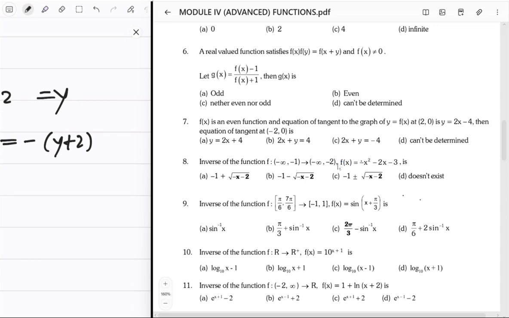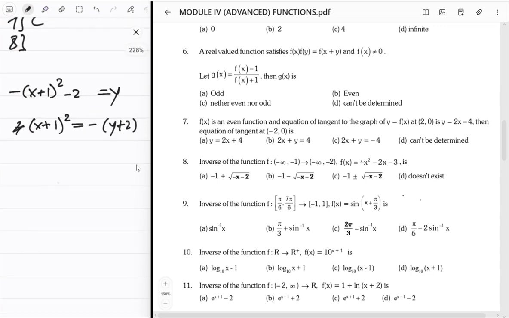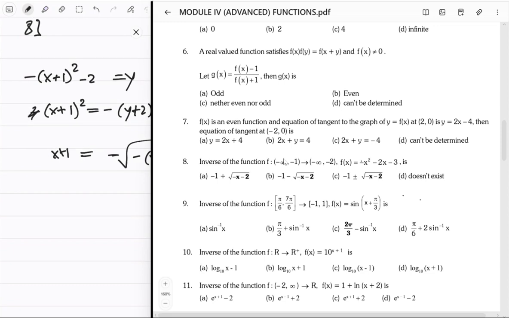Cool. What does that even mean? This thing is actually positive, which makes perfect sense because it must be positive. Then x plus 1 is the negative square root of all of that, because x plus 1 is less than 0. So x equals negative 1 minus the square root of negative (y plus 2). X is the inverse, so f inverse applied on y.